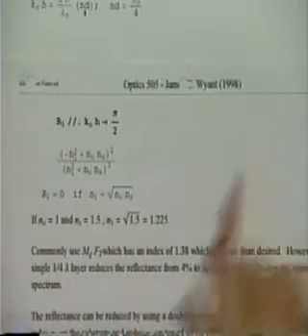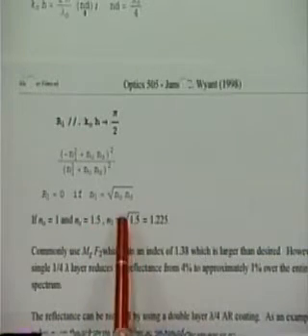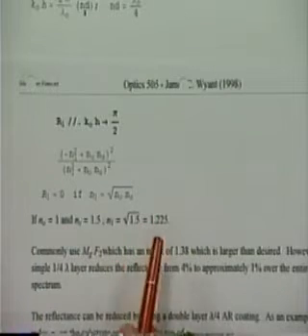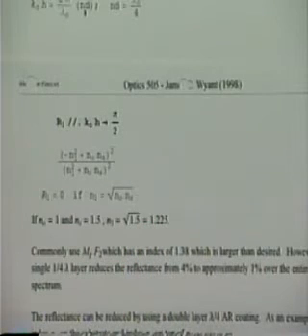So square root of n naught ns. And if n naught is 1, and let's say the substrate is a piece of glass with index 1.5, the index of the film should be the square root of 1.5, or about 1.225.